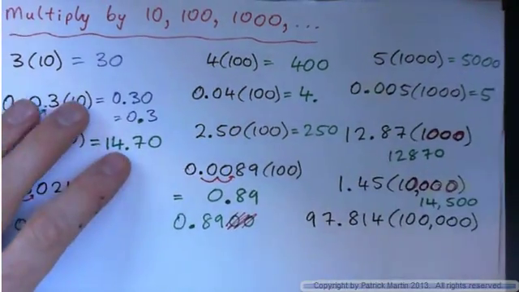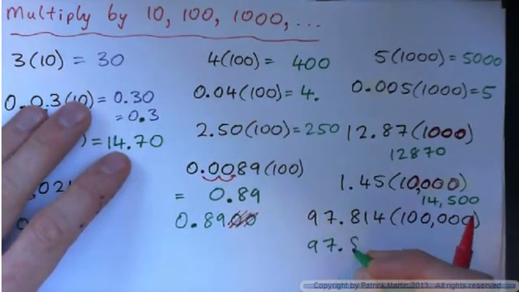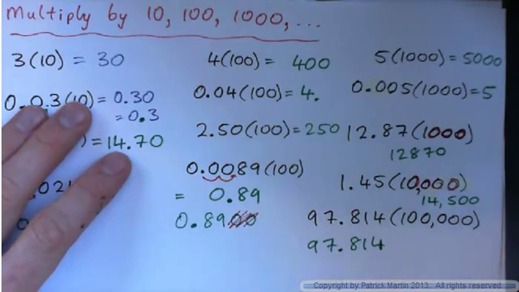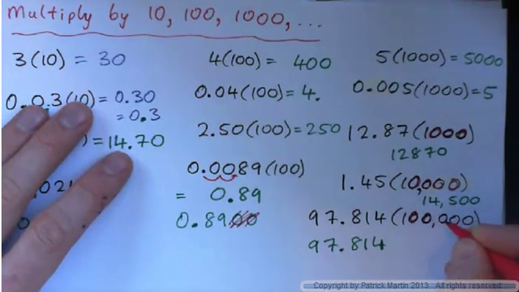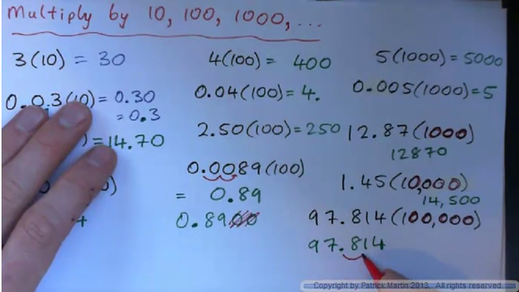Can you get this one? You start with 97814. You're timesing it by 100,000. There's 1, 2, 3, 4, 5 zeros. How many places are you going to skip the decimal point over? 5, right? 1, 2, 3, 4, 5.